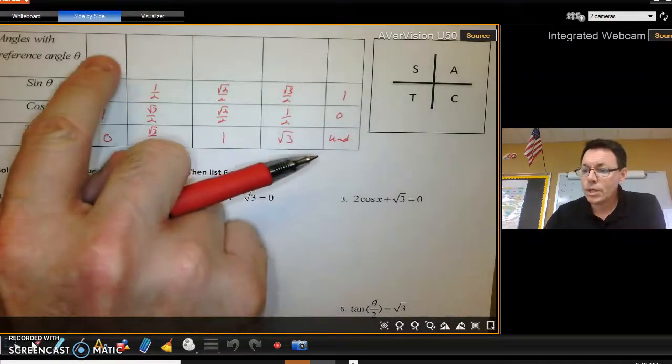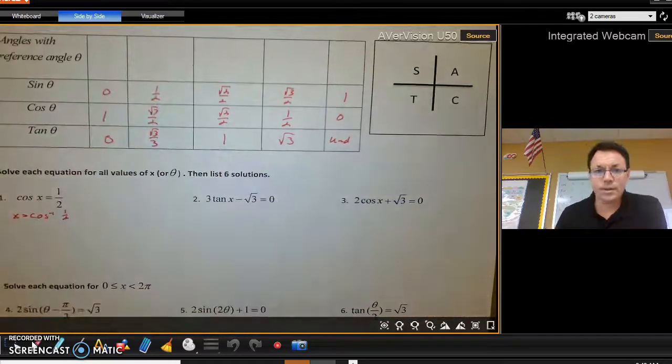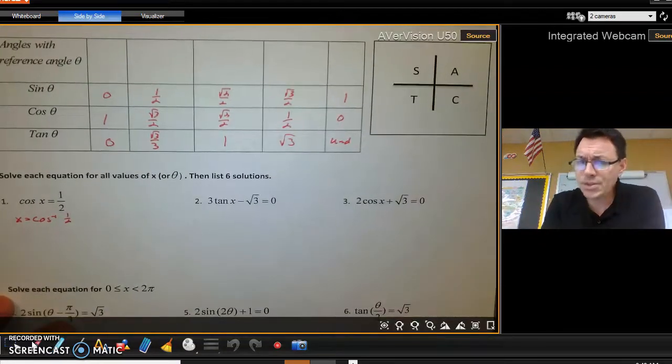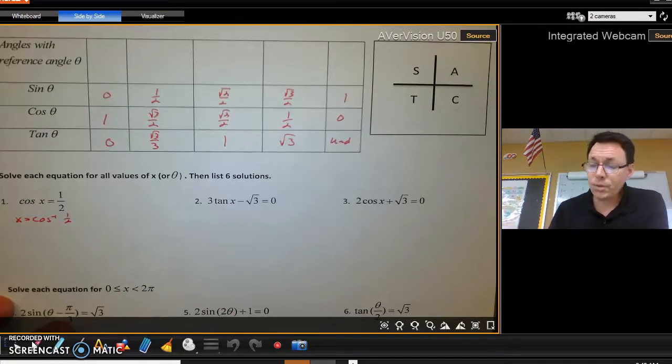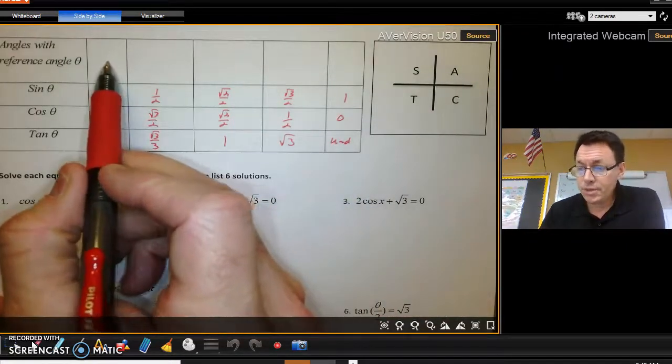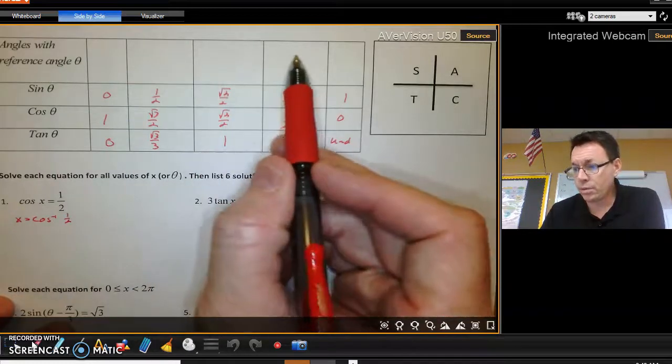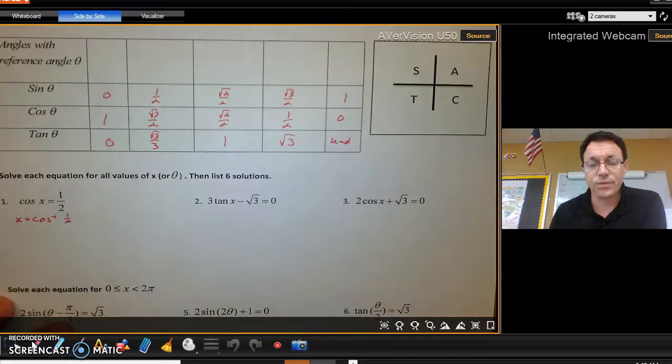So you'll notice up here where I've got the space for us to put in our angles, and these are all in radians, the boxes are kind of big. Because now, you can do this however you want. If you want to put 0, pi over 6, pi over 4, pi over 3, pi over 2, like normal, that's fine.